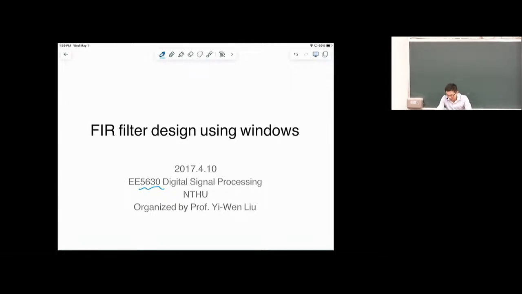Anyway, FIR filter design using Windows, where FIR, let me just repeat, stands for finite impulse response.